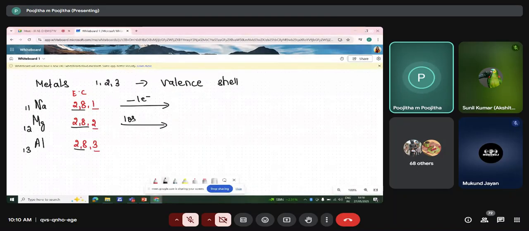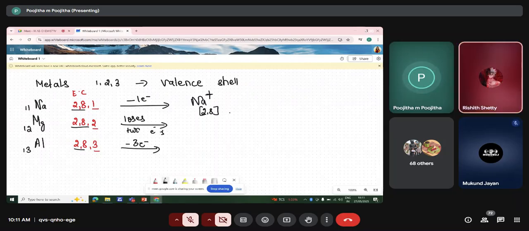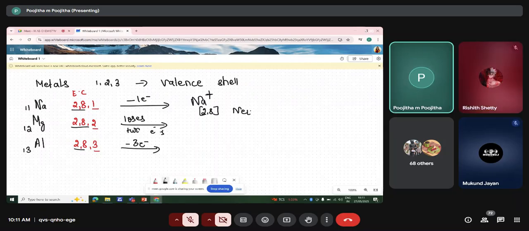Magnesium atom similarly loses how many electrons? Two electrons. Aluminium has to lose three electrons. So what does sodium become? It becomes a sodium cation, Na+ ion, simply called sodium ion, whose configuration is 2,8. This is the stable electronic configuration of which noble gas? Neon.